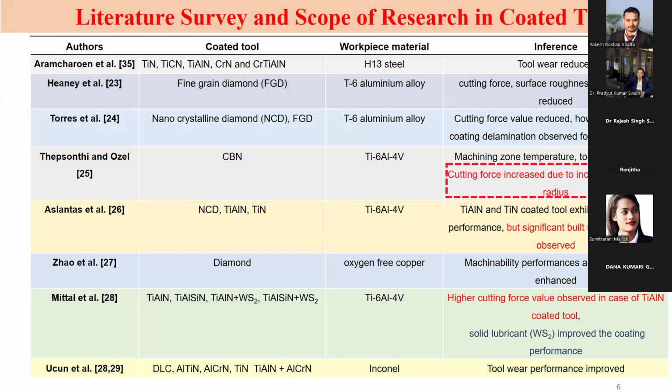So what happened? Some researchers used CBN, that is cubic boron nitride coating, which is the second highest hardness after diamond. They saw that instead of decreasing cutting force, the cutting force increased, and they saw this is due to the increase of edge radius.